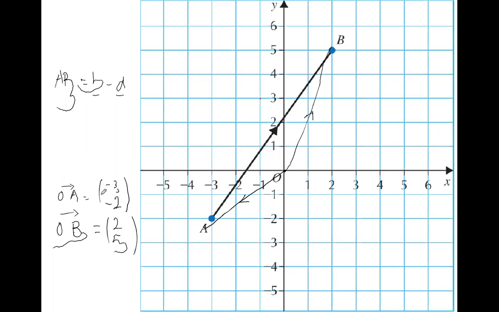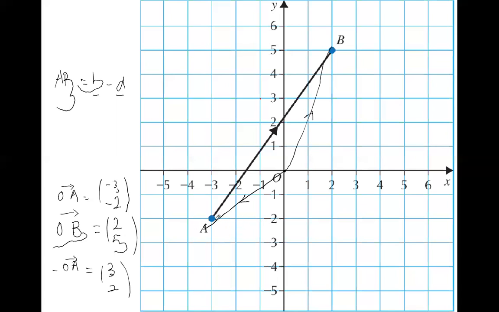So the opposite of OA would be AO, and AO would be minus OA. To do minus OA, it's a bit like timesing OA by -1. So if I had a -3 and a -2, it becomes 3 and 2. Minus OA plus OB, so you'll get 3 plus 2, that'd be 5.